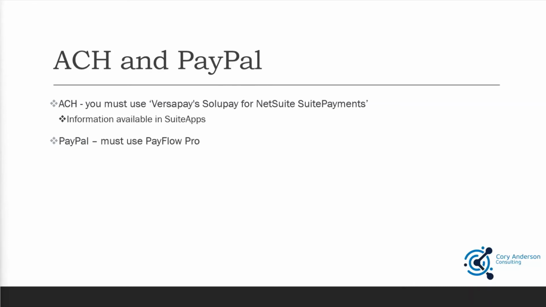If you go to the Suite app tab in your NetSuite instance and search for VersaPay SoluPay for NetSuite Suite Payments, you'll see the information there, and then you can contact VersaPay. To be able to accept ACH payments through this payment link feature, you have to use that solution. There are no other options out there.